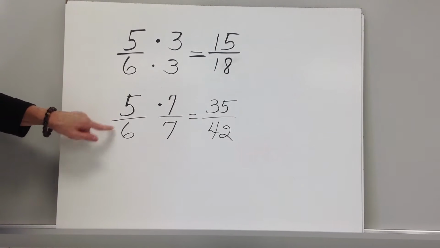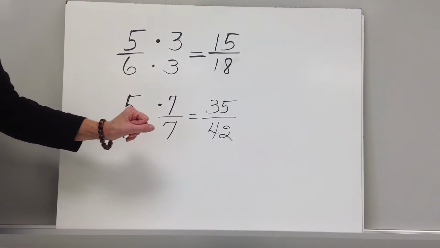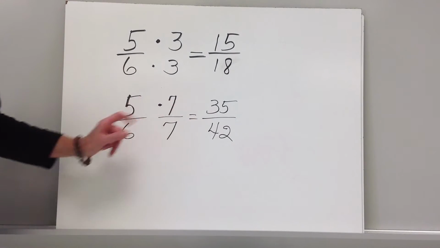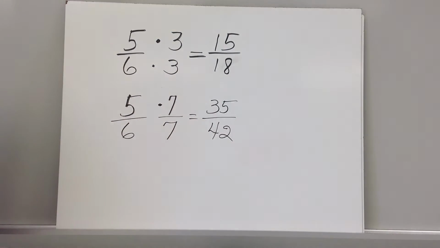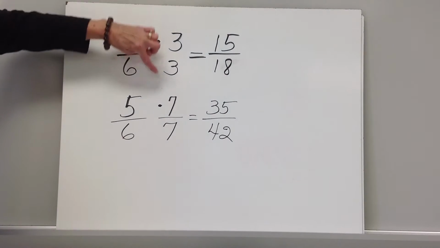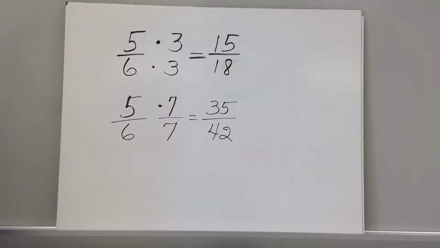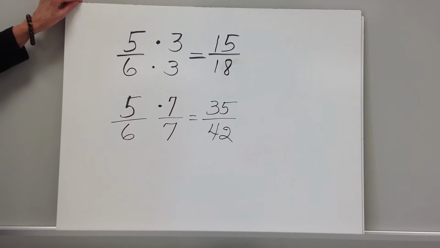Or I could multiply 5/6 by 7 over 7 and get 35 over 42. 35 over 42 is equivalent to 5/6. As long as I multiply numerator and denominator by the same number, I will get an equivalent fraction.